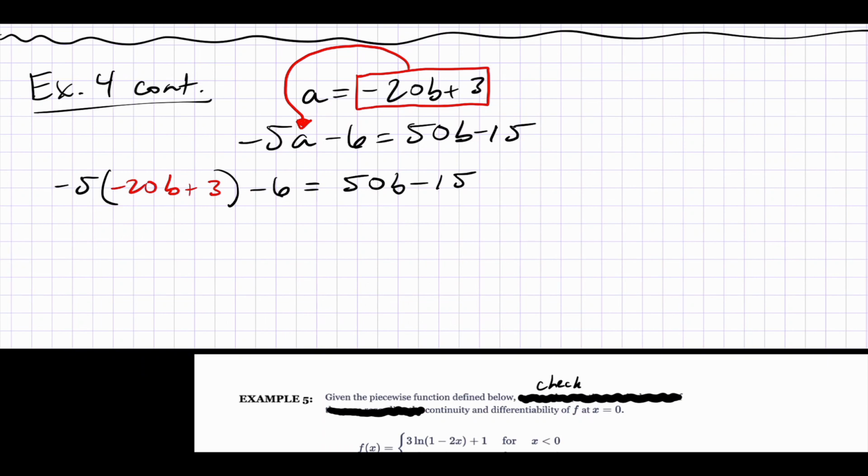What happens when I do that is there's only B's, no more A's, because I've substituted them out. Okay, so distribute to get rid of the parentheses. So I get 100B minus 15 minus 6 equals 50B minus 15.